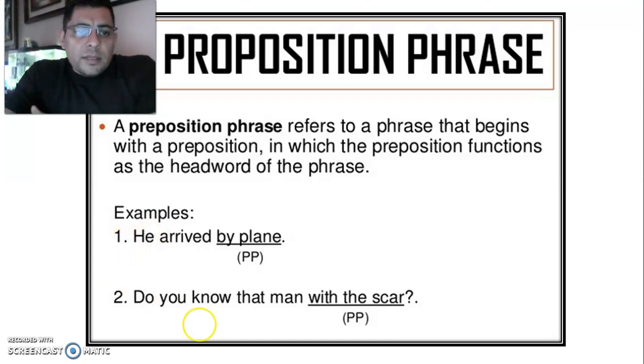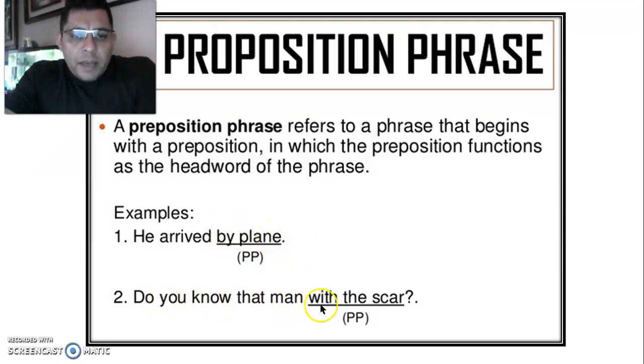For example, I can say Marcos, Gerardo, Mario, Jose, etc. And at the end, what I have is a he. So if he is substituting a noun, we can say that he is a noun phrase. Arrived is a verb phrase, and by plane is a prepositional phrase. And this prepositional phrase has plane, which is a noun phrase.